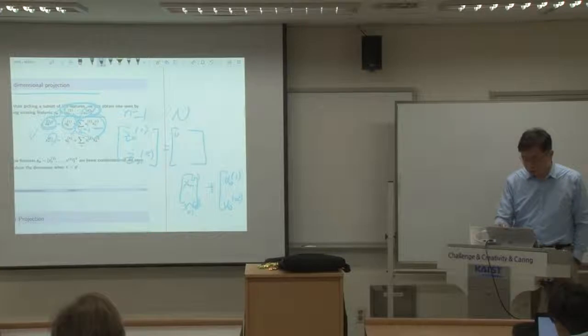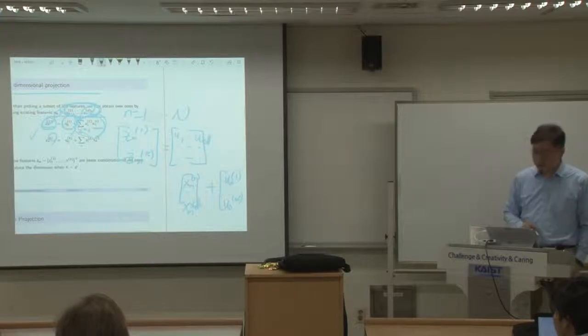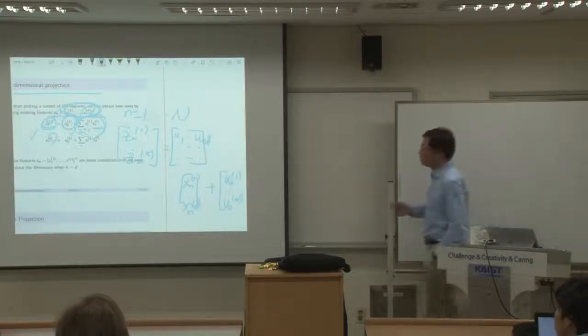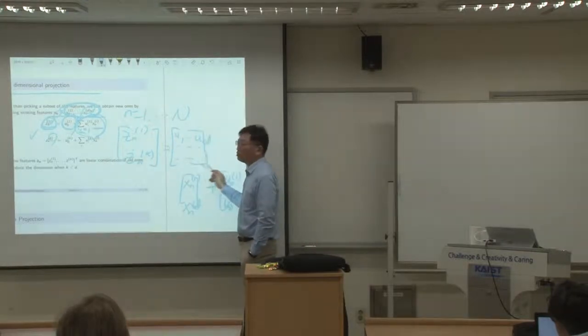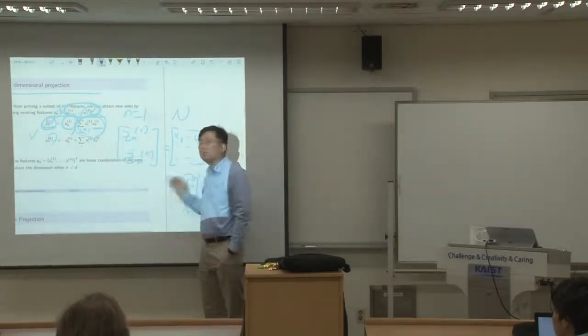This would be U, U11 through UKD. So I'm taking this n d-dimensional data, matrix multiplying, and adding a bias. It's a linear transformation.